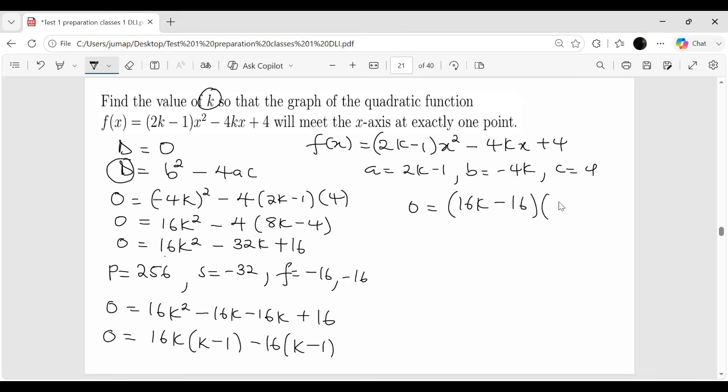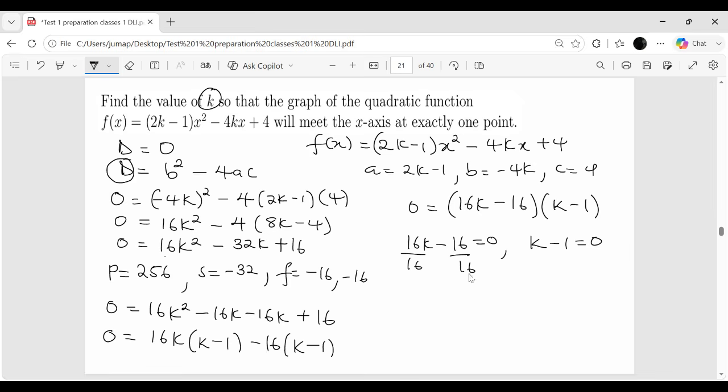And you get your k minus 1. So now when you reach this part, you're going to just say 16k minus 16 is equals to 0, and you get the other one, which is k minus 1 is equals to 0. Then you divide by 16. You also divide by 16.